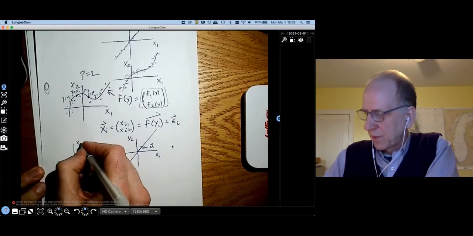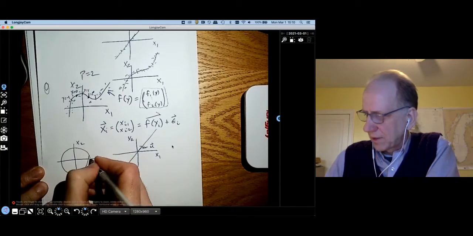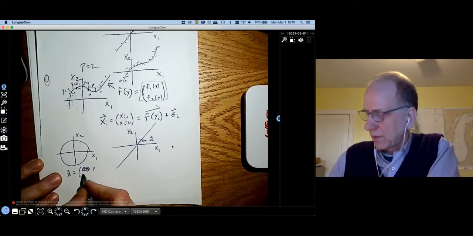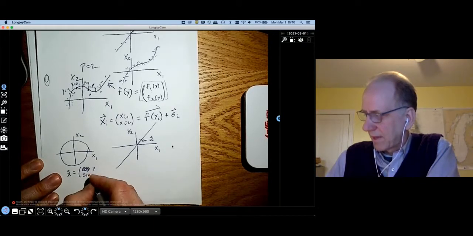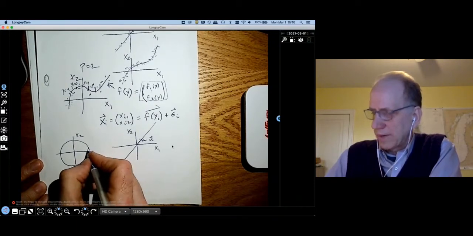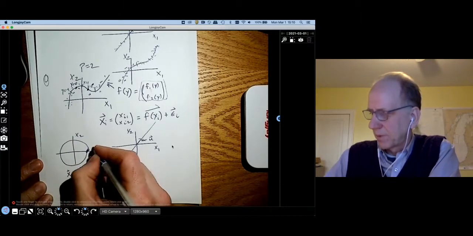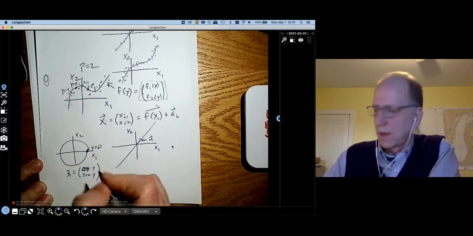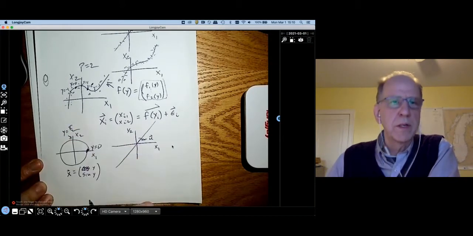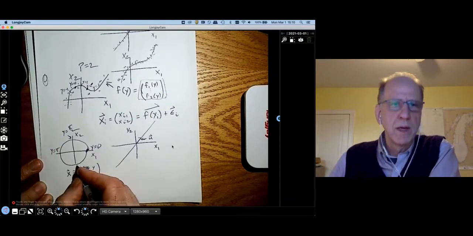If this is my x1, x2 plane, and we'll take the function x equal to the cosine of y and the sine of y, then y tells us the position that we are on this circle. So here y is equal to 0. We could say here y is equal to pi over 2 radians. This is y equal to pi radians, and so forth.